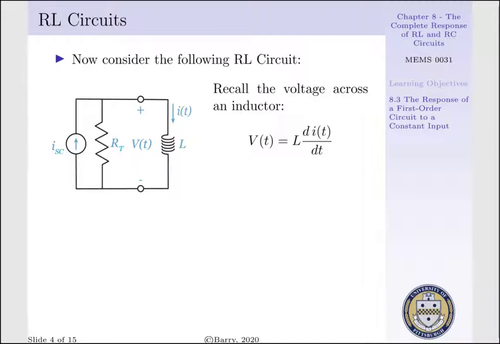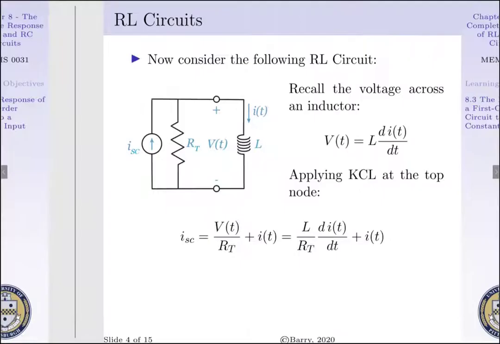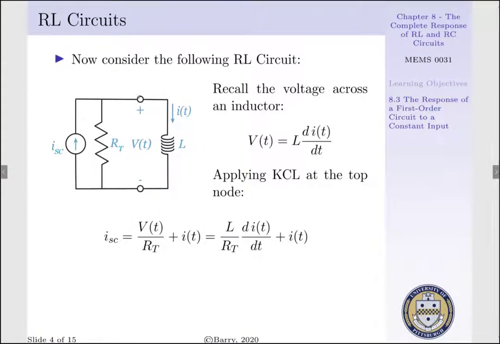For us to analyze the behavior of the circuit, we want to apply KCL at our top node, such that we can determine the current entering and exiting our node. We have I sub SC entering our node, and then we have our current running through our resistor, which is expressed as our potential V of t per the resistance, R sub T, plus I of t, the current running through our inductor.